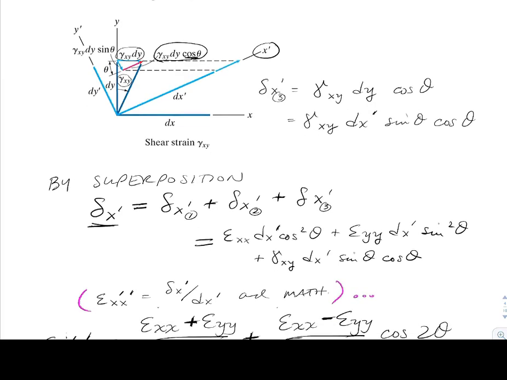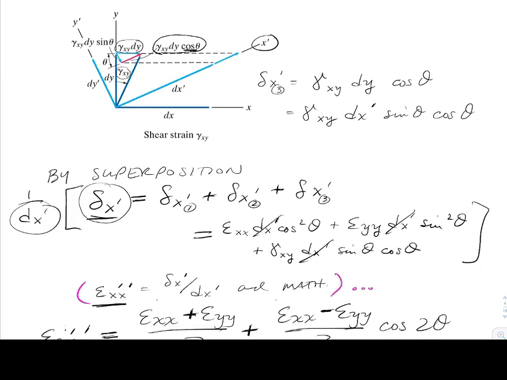So to end up with an expression for the strain in the x prime direction, we're going to take both sides of this equation and multiply by 1 over dx prime. That would then give us the change in length over the original length, giving us epsilon. The dx primes would all cancel. And so then we just got a little bit of math to do.